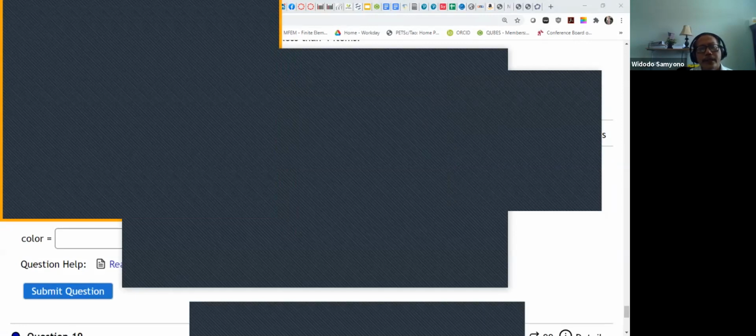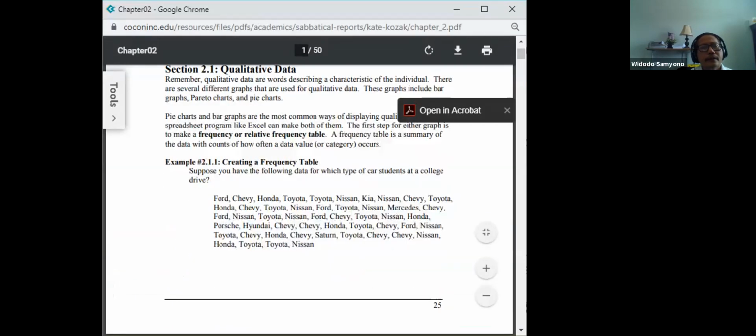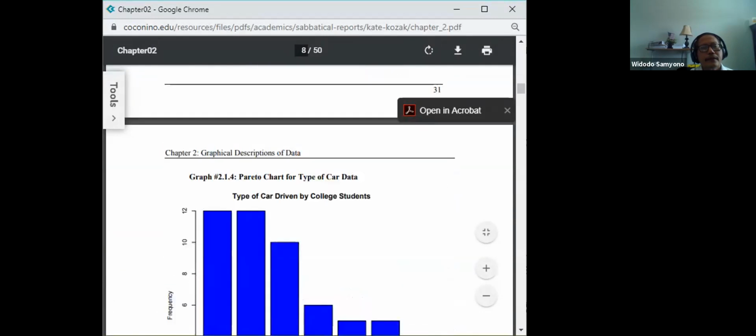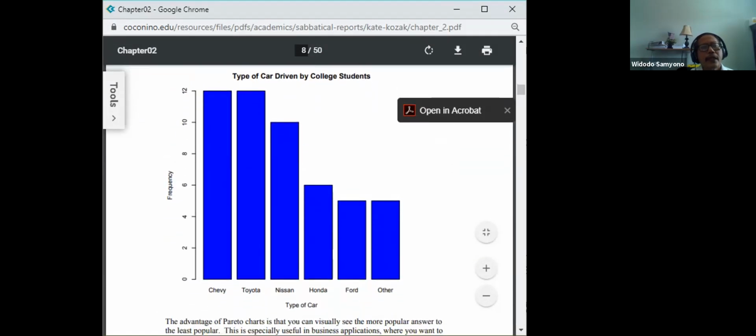Let me see here. What does the Pareto chart look like? So this is a Pareto chart. We start from the highest to the lowest.